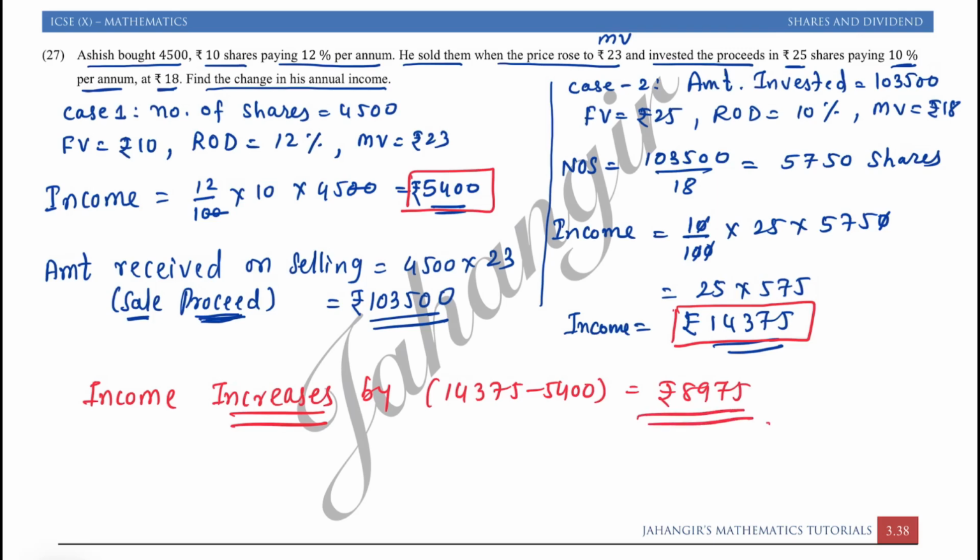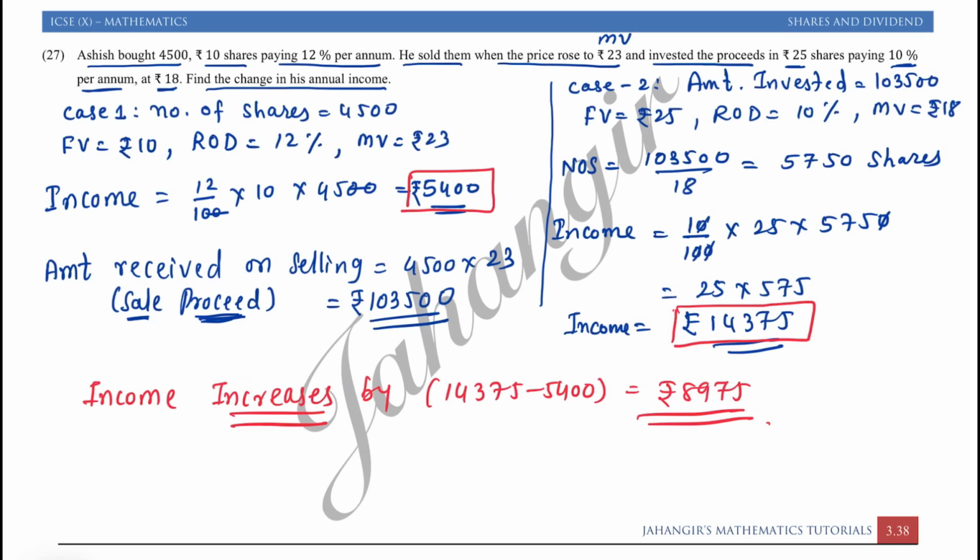So this was quite a simple question. Here we have two cases. For the first case, the information is given, you have to find the annual income, and then you have to sell those shares. When you are selling, you will get an amount. That amount we can keep as the amount invested for the second case. Again, all information is given. We have to find income for the second case. But before finding income for the second case, we have to find the number of shares, how many shares have been bought.